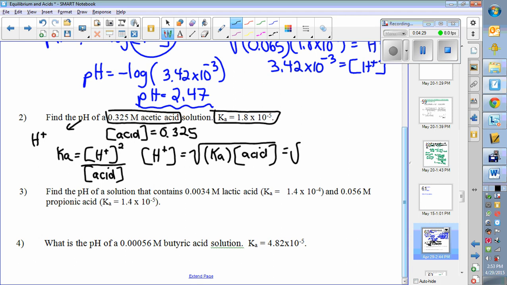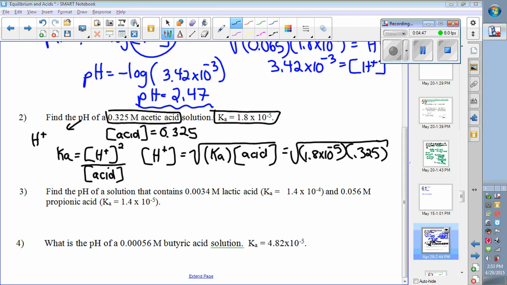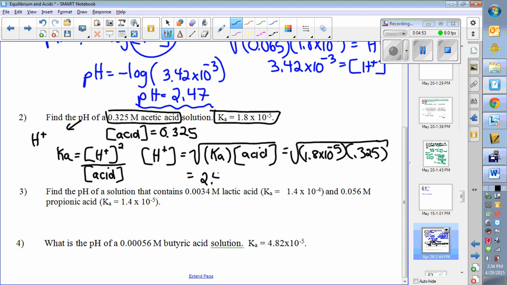So that's the square root of 1.8 times 10 to the minus 5 times the concentration of the acid, which is 0.325 moles per liter. We'll plug that in, and after you take the square root, I have a hydrogen ion concentration of 2.42 times 10 to the minus 3 moles per liter.